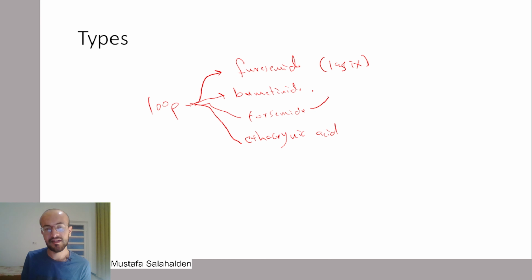Bumetanide and torsemide are more potent than furosemide, the first one. Ethacrynic acid has more adverse effects.